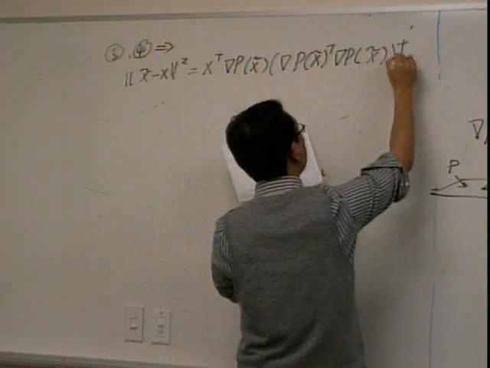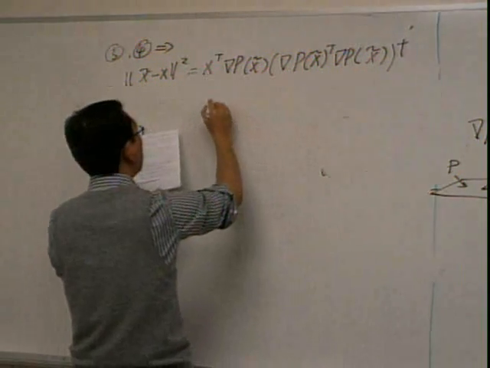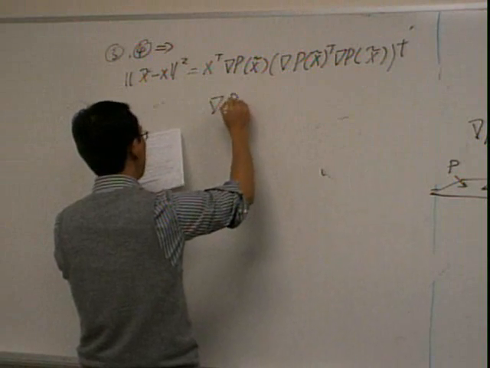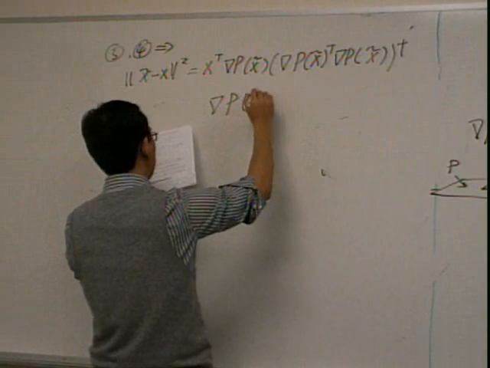Again, you have to keep track of which ones are evaluated at x tilde, and which ones are using x of the original observation.